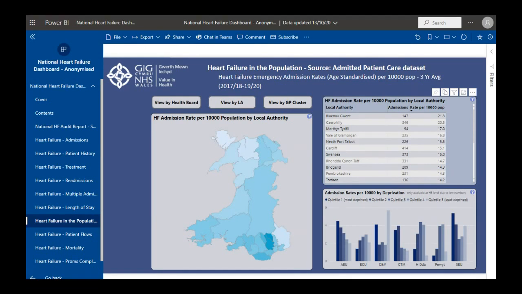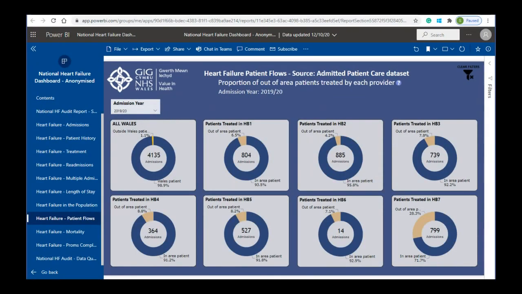And the chart in the bottom right-hand corner features admission rates for each of the health boards by deprivation quintile. So it goes from the most deprived on the left to the least deprived on the right, which gives some sort of insight into the patient population and the variation in deprivation by health board. So these visuals, brought together, can help with an understanding of a clinician's patient population.